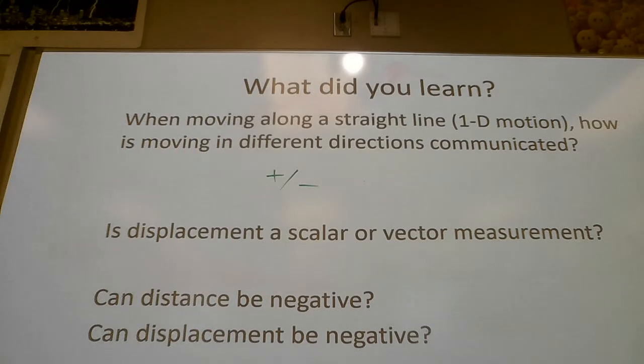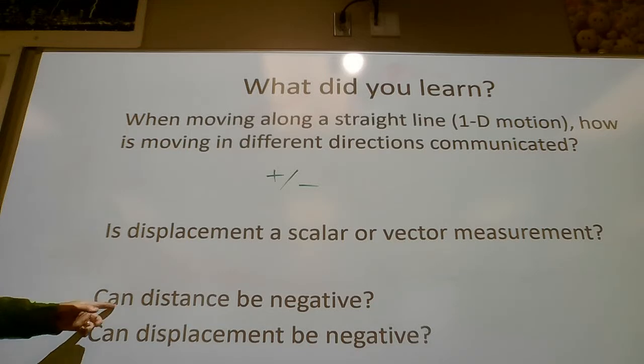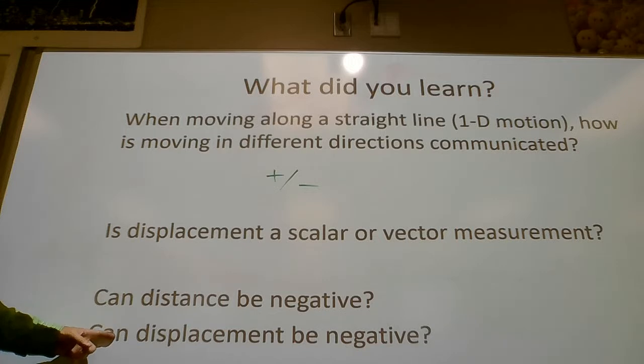Okay. Can distance be negative? No. So is distance a scalar or a vector? It's a scalar quantity. Can displacement be negative? Yes. Is it a vector or a scalar quantity? Vector.